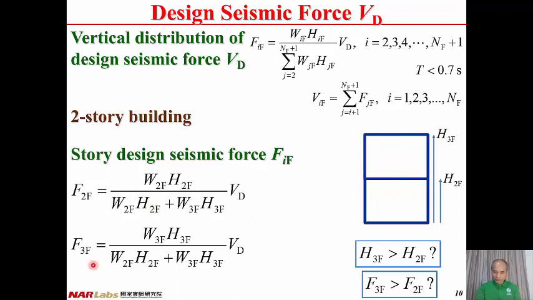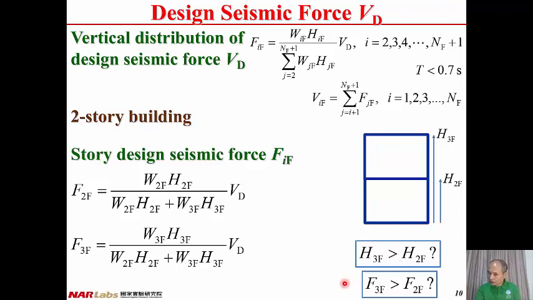Similarly, for the story design seismic force for the roof, F3F equals W3F times H3F divided by W2F H2F plus W3F H3F, times VD. And in this case, H3F, the elevation of the roof, is larger than H2F, the elevation of the second floor or the second story.